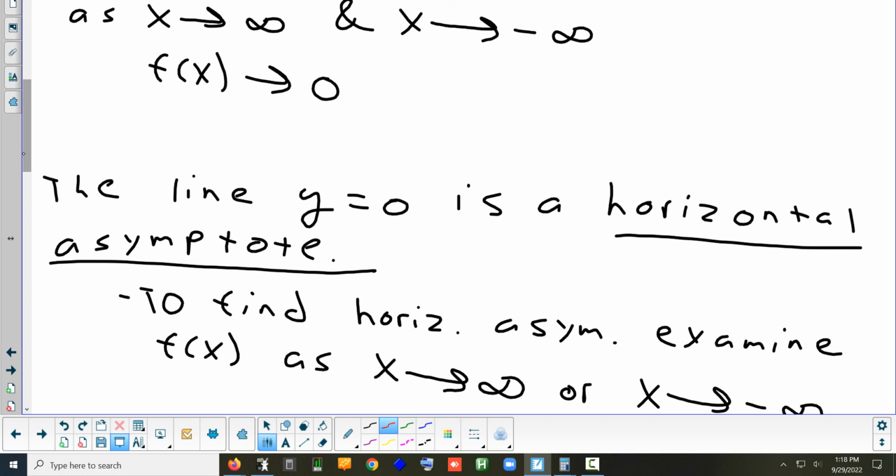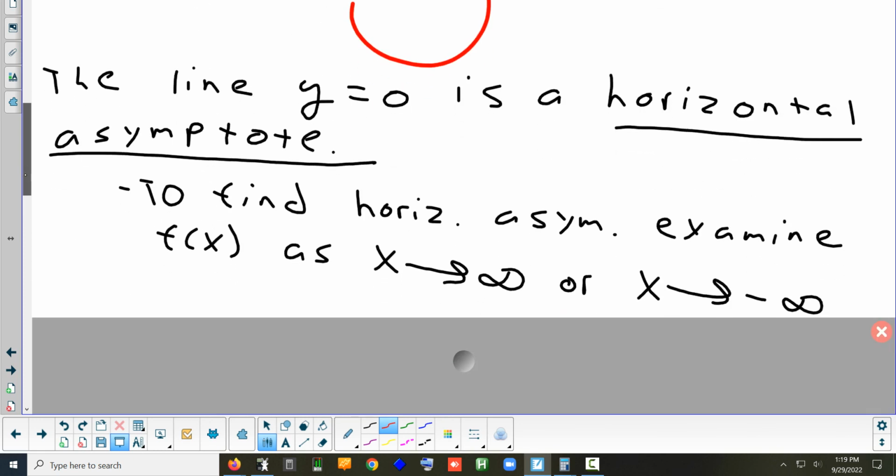In a parabola, if you head further and further to the left or the right, you're not getting closer and closer to a number. You're approaching infinity in that case. But rational functions will usually have horizontal asymptotes. A lot of times.